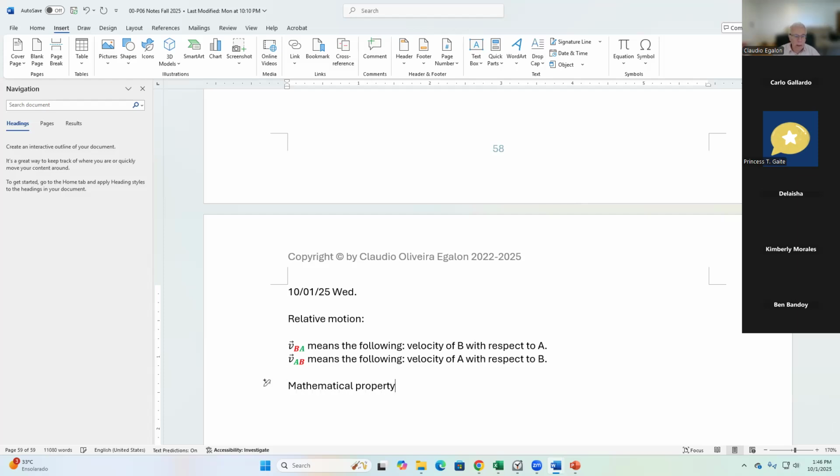One of the mathematical properties of this notation is: V of B with respect to A is equal to minus V of A with respect to B. There's a negative sign here. Okay.